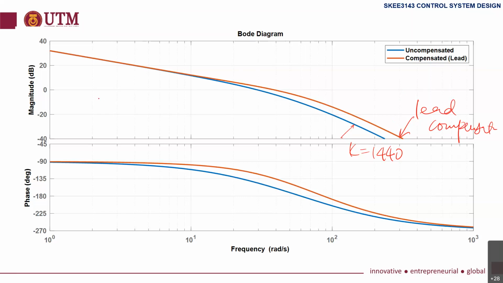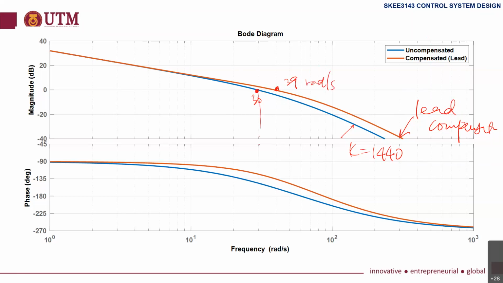You can see now, initially the gain crossover frequency is here, now increased to here, from about 30 to now 39. We managed to design, we increased from 30 to 39 radian per second.